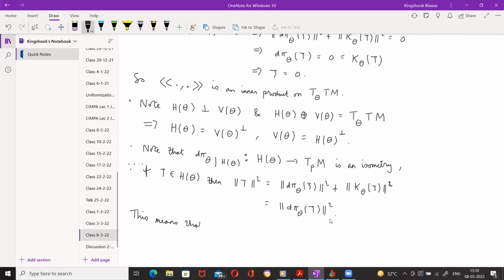This means that pi, so we'll use this fact later, that pi from Tm with the Sasaki metric to m with its usual metric is a Riemannian submersion.